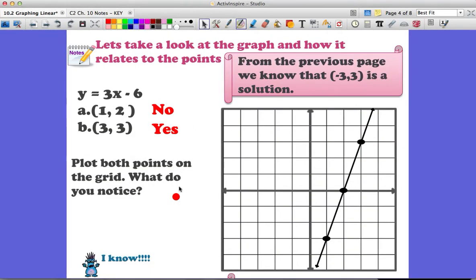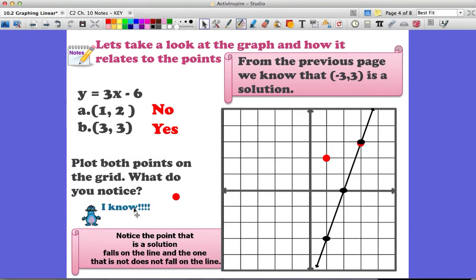Right, so if I take a look at this and I plot my points, if I plot the point 1, 2, it does not fall on the line. But if I plot the point 3, 3, it does fall on the line, so I know that it is a solution to my equation.